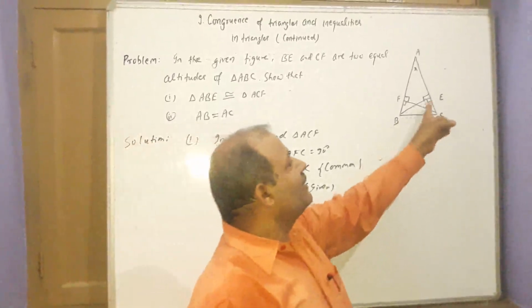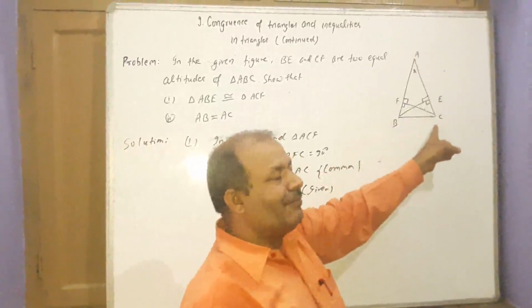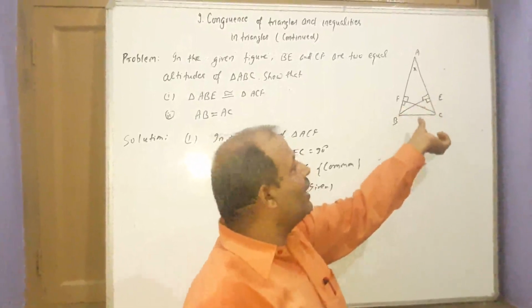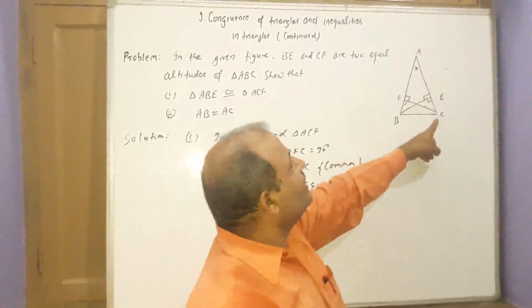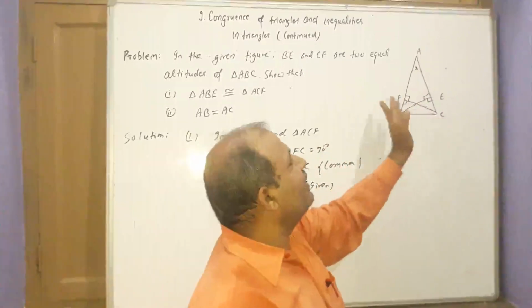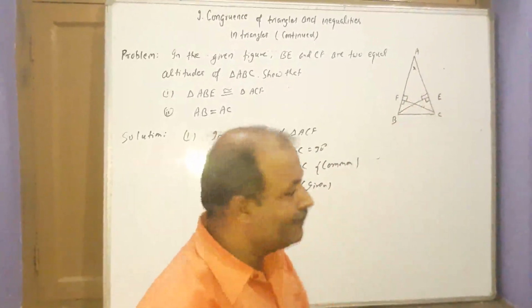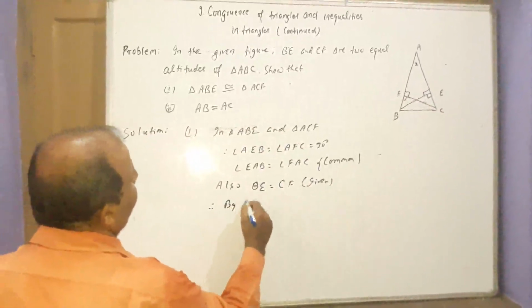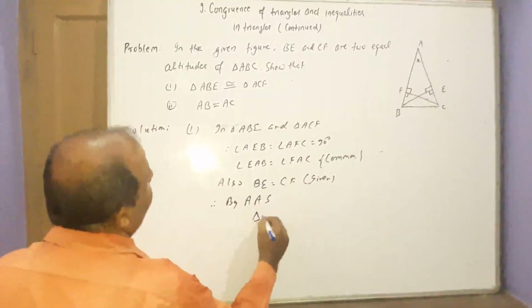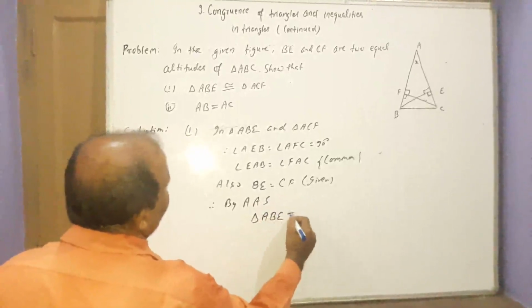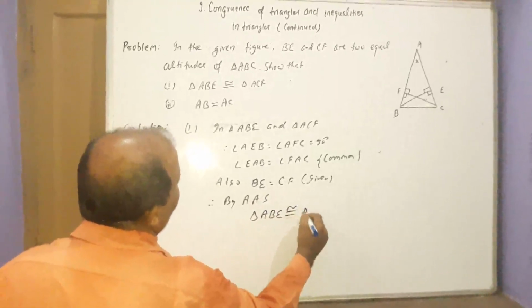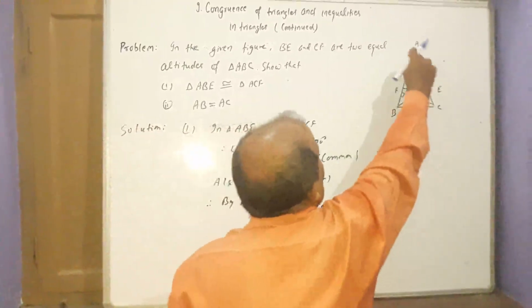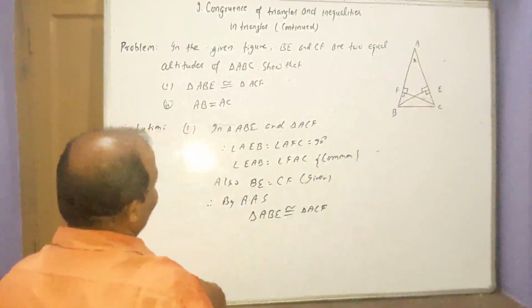So from B the perpendicular is drawn to the opposite side AC, this is 90, and this BE is an altitude. In the same way, CF is drawn from C perpendicular to side AB, so CF is an altitude. So BE is equal to CF, and therefore by AAS triangle ABE is congruent to triangle ACF.